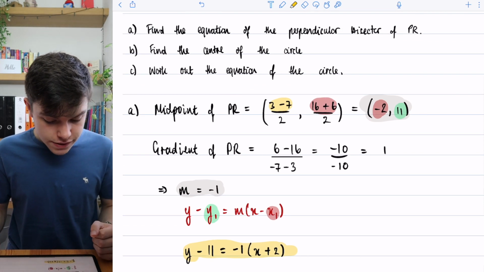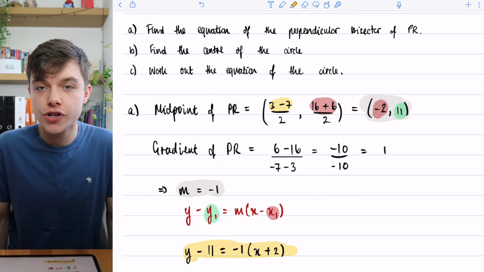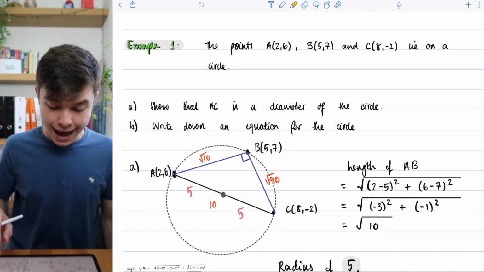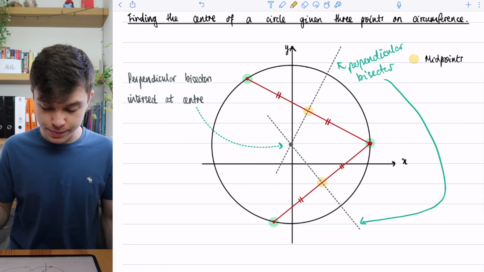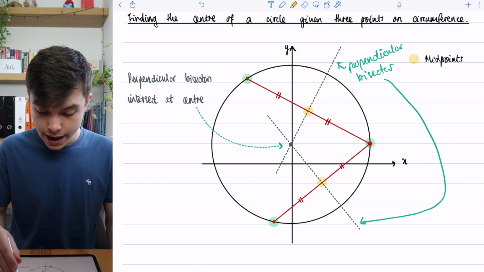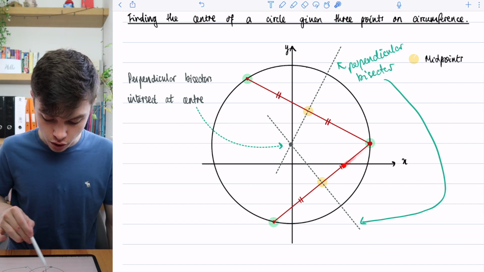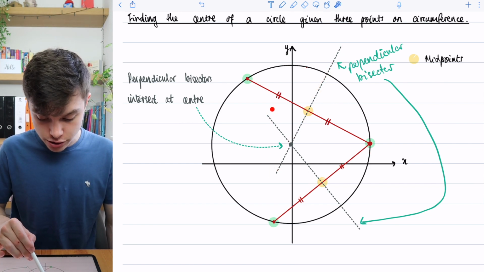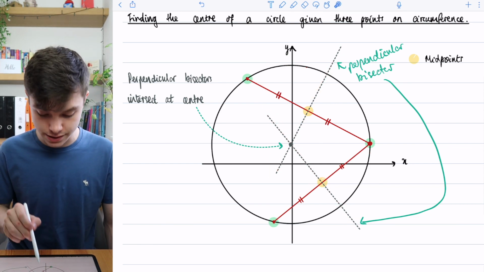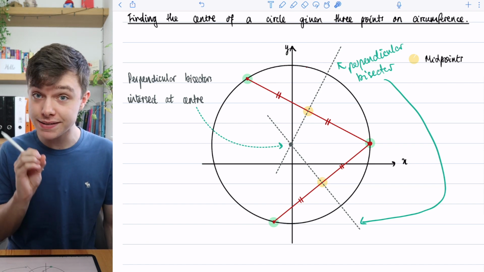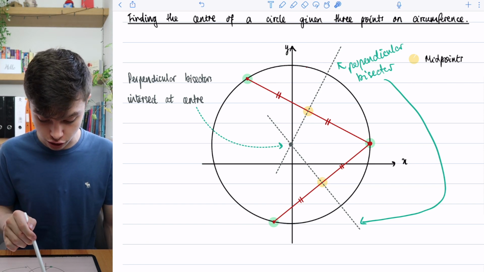Okay, we then want to find the centre of the circle. So I'm going to go back to this explanation here. If we have two chords, and we have the equations of two perpendicular bisectors, the intersection is the centre of the circle.